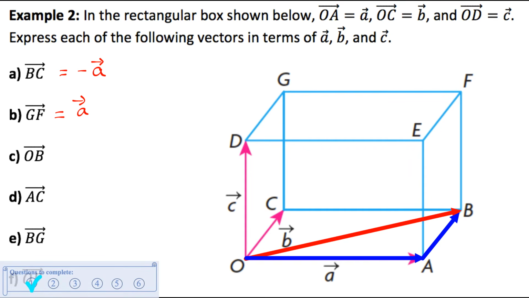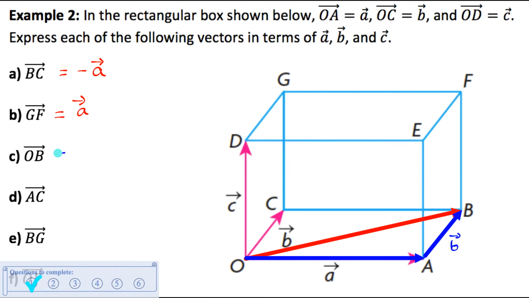So what are those two blue vectors? Well, the first one I drew is equal to vector A, and the second one appears to be equal to vector B. Let me compare. Yes, it is the same as vector B, same direction and magnitude. So this I could call vector B. And notice that vector A and vector B are placed tip to tail, so the resultant would go from the tail of the first vector to the tip of the second vector, and that resultant is vector OB.